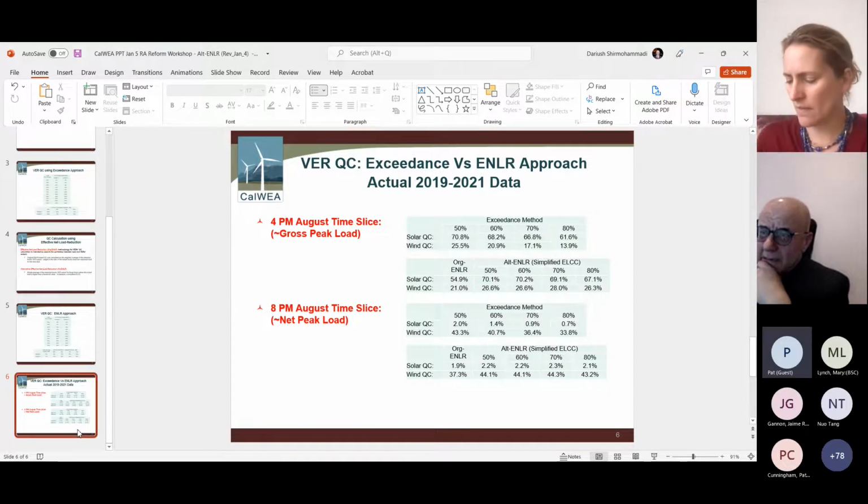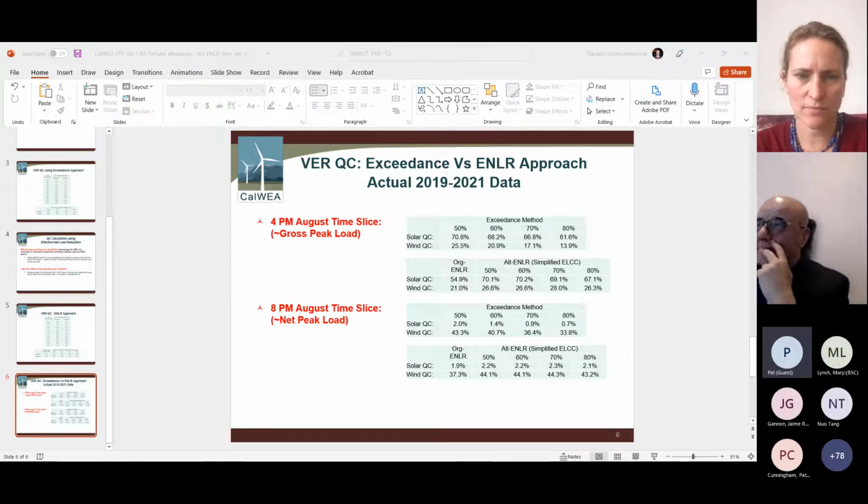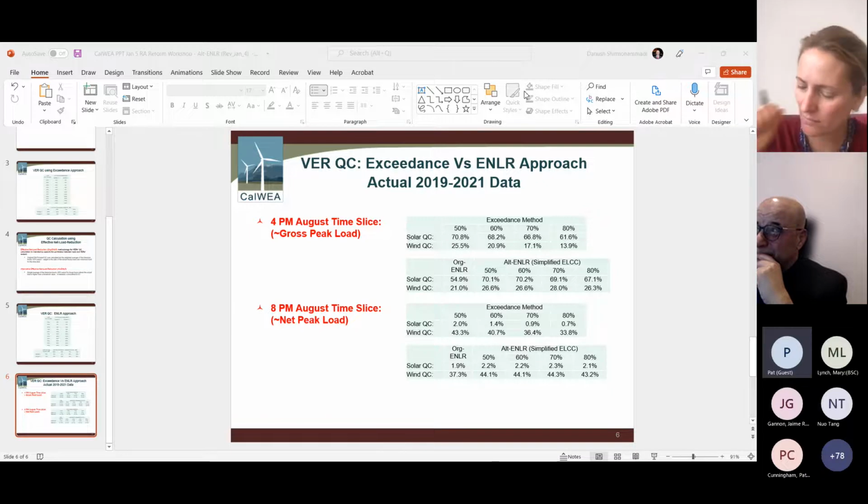I can at least tee up a starting place. I'll share with you all my favorite of the options. My favorite of the net peak options is to perform the LOLE.